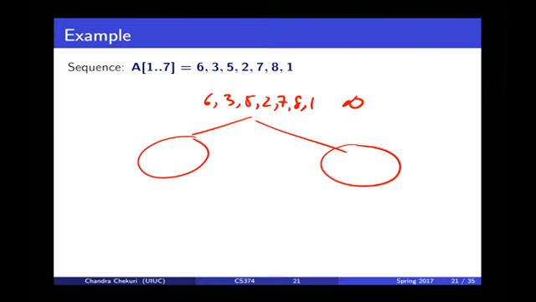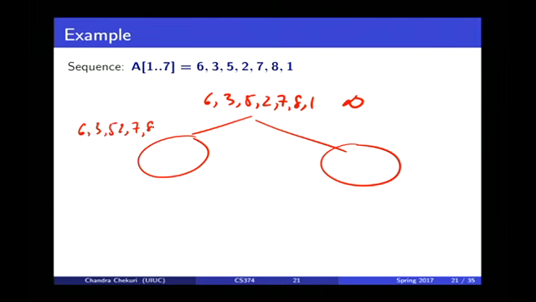One is 6, 3, 5, 2, 7, 8, infinity, right? That is, I don't want to include 1 in my solution. And the other case is 6, 3, 5, 2, 7, 8, with what number should I recurse on? 1, okay?